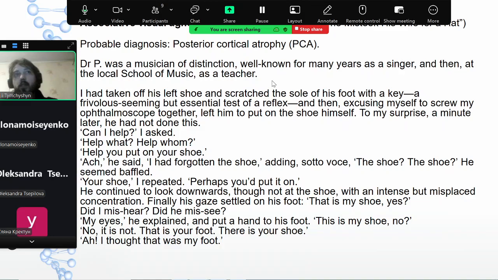And he tells Sacks that he was with different doctors. He told them that he has some problems with vision and so on and so forth. And at the end of the day, they told him he needed to consult a neurologist. So he went to Sacks. And Sacks asked him, what kind of vision problems do you have?